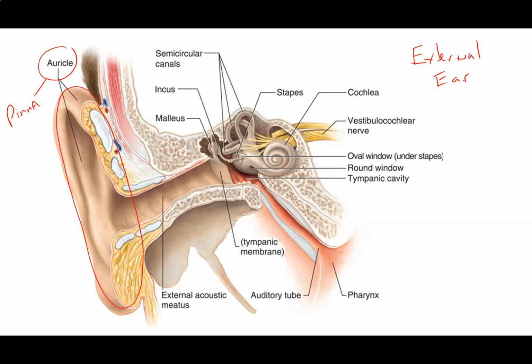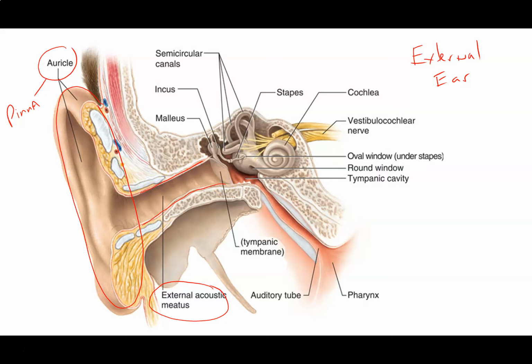Right? Then there is the external acoustic meatus, right, also sometimes called the external acoustic canal, or external auditory canal. You might remember this from the skull lab, right? This is the deep passageway into the temporal bone. So this is the same structure, except here we're seeing it lined by skin.